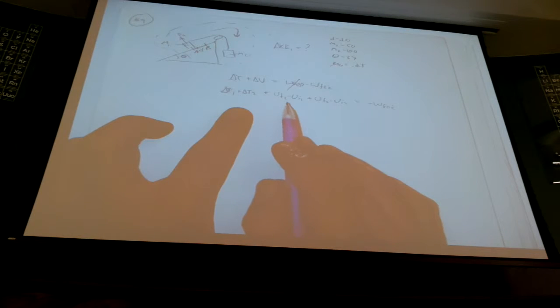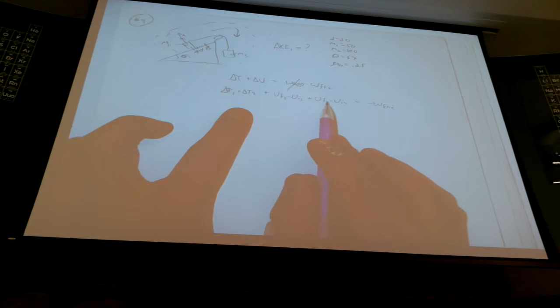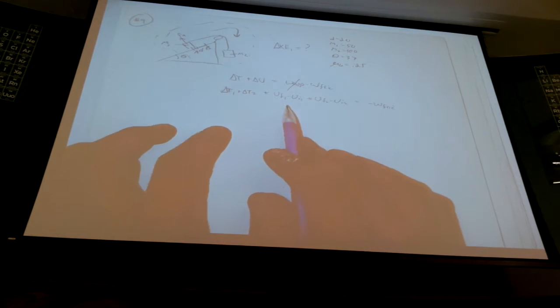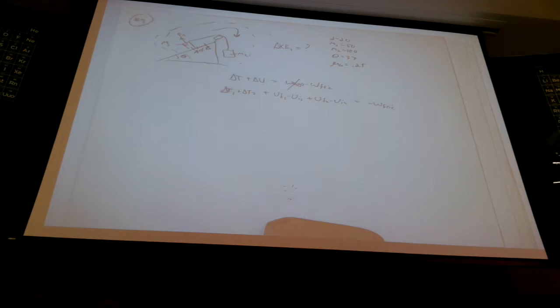What this is saying is the final potential of the first block, the initial potential of the first block, final of the second, initial of the second. I've got to consider both blocks, both at the beginning and at the end. And you can set the 0 point where you like for each one. You can set them separately, at different points.